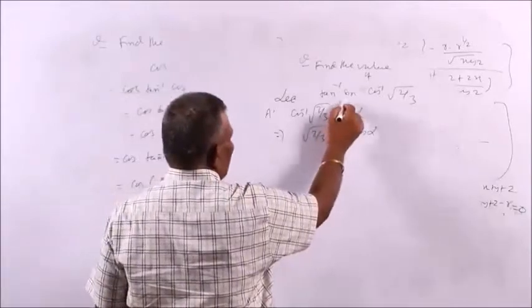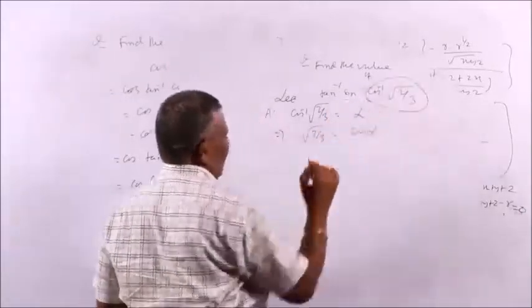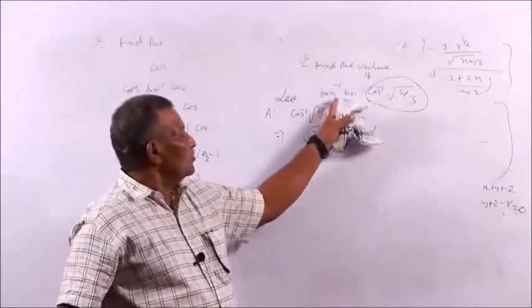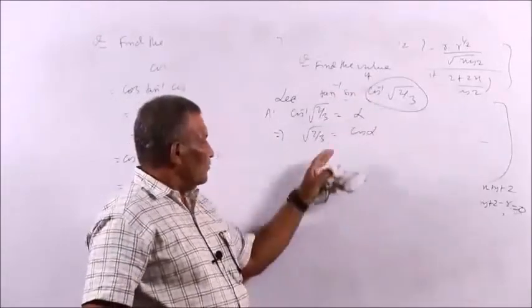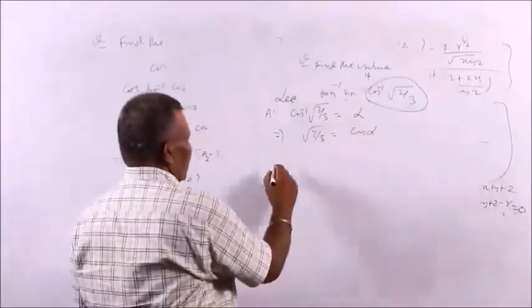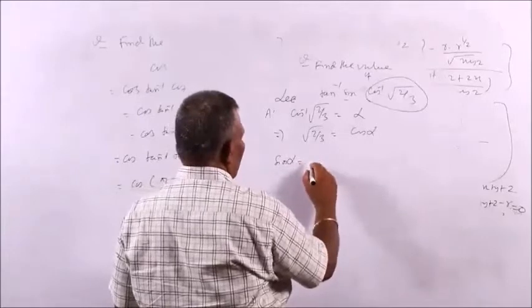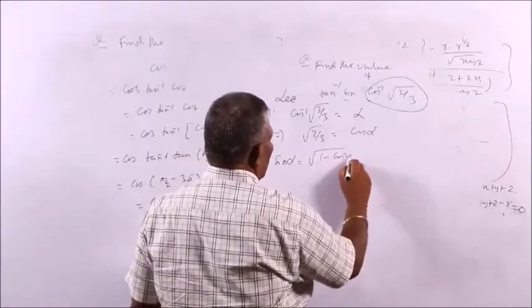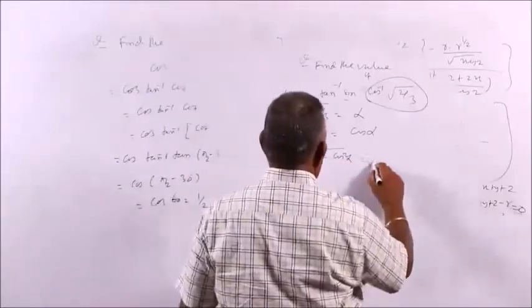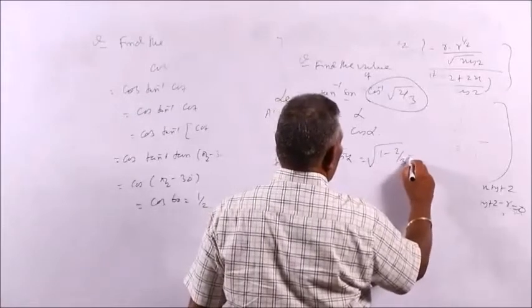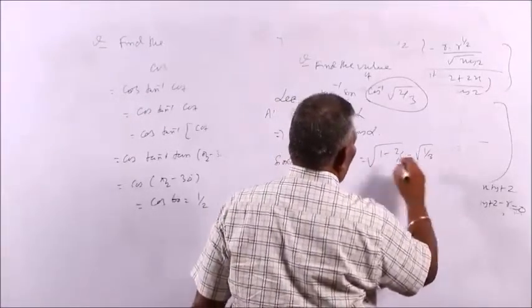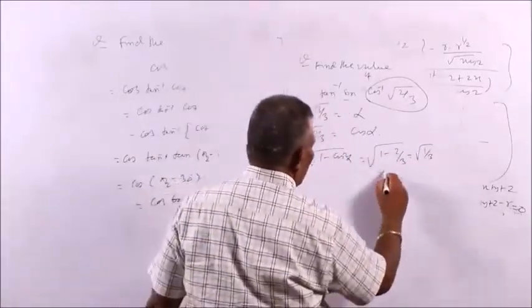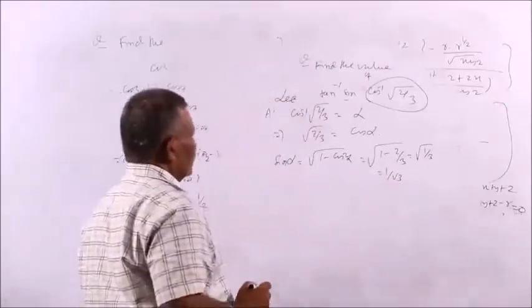If this quantity will be taken as alpha, then the question reduces to tan inverse sine alpha. From cos alpha we can find the value of sine alpha. Sine alpha is root over 1 minus cos square alpha, that is 1 minus 2 by 3, that is root over of 1 by 3 or 1 by root 3.